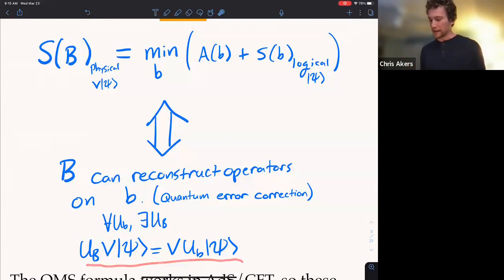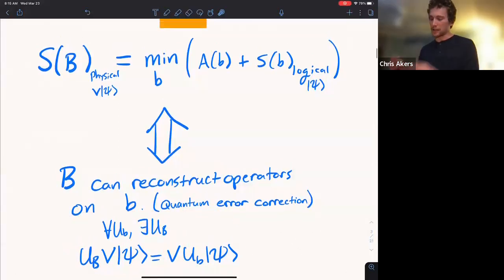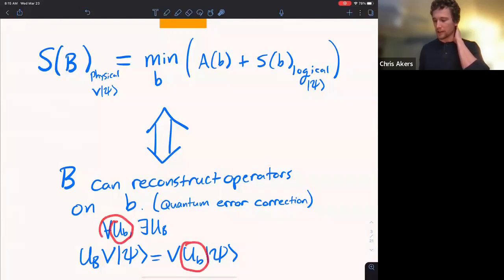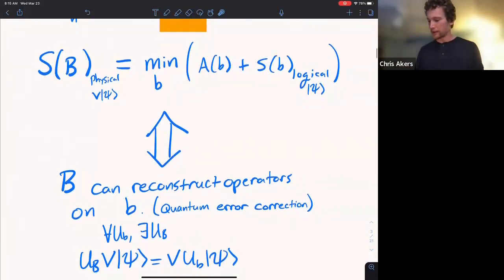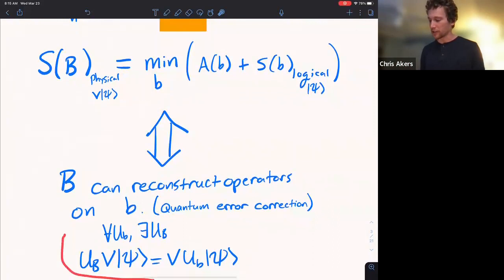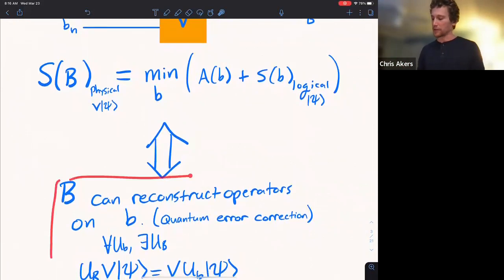The fact that this is true is also non-trivial. In fact, this isn't true for necessarily all unitaries, just for all in some class, but that class isn't going to be super important right now. So this is also a non-trivial statement, and it turns out that these two non-trivial statements are equivalent to each other.